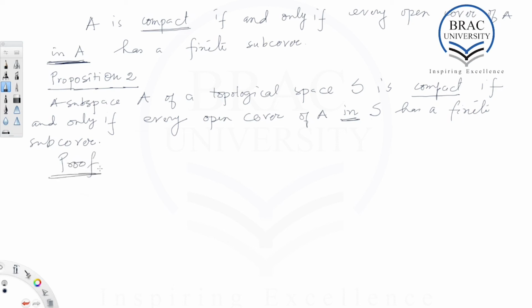Okay. Let's see how the proof goes. So we are going to prove this direction first. Assume A is compact. Okay. So this subspace A is compact. We have to prove that every open cover of A in S has a finite subcover.